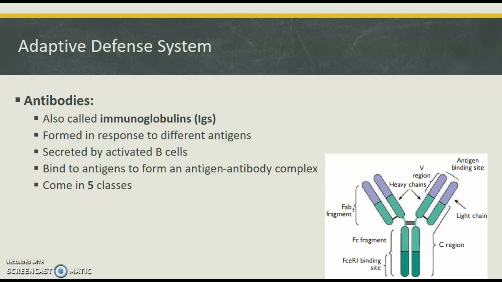You can learn more about the 5 different classes when you get into your higher anatomy classes in college, but it really is interesting, these 5 classes, and the differences between them. They're also called immunoglobulins. So next time you get blood work done and you get your results, look for that, and they'll have different measures of different IgGs, which are the immunoglobulins.